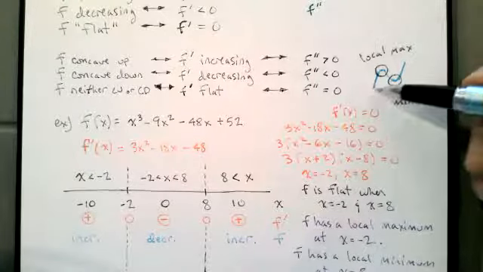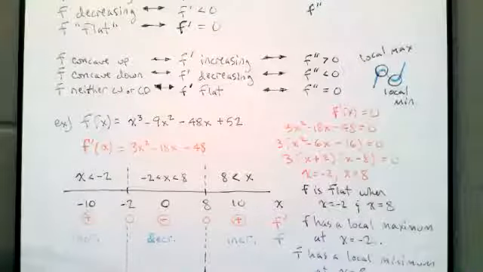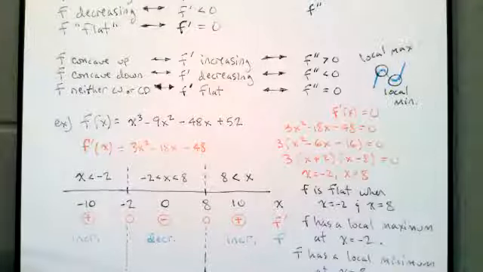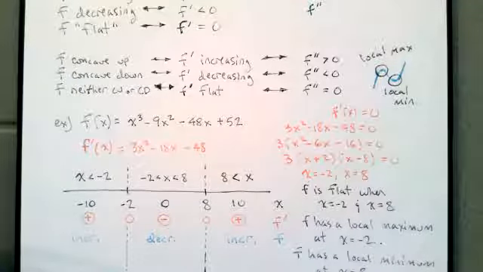If I said only consider values of x between -10 and 10, then we could check those endpoints to see if they're higher or lower than the local maximum or local minimum. That's how we could find a global maximum or a global minimum.